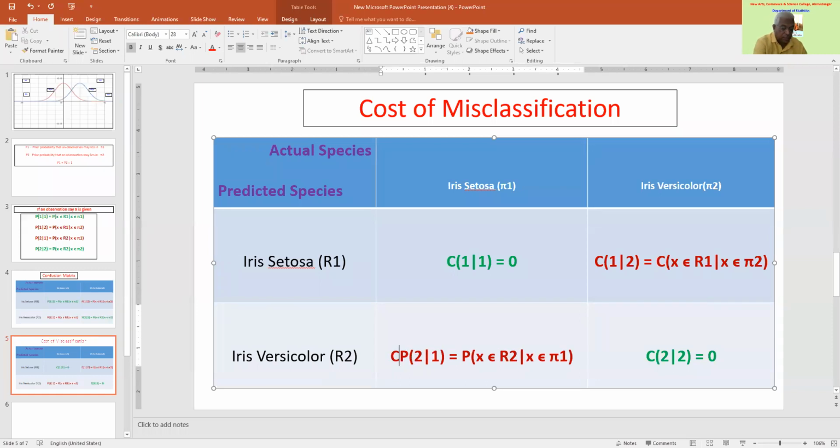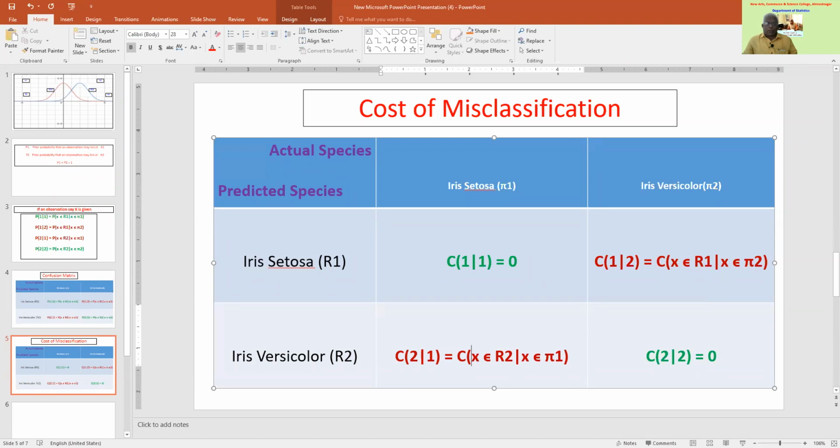What is this? This is the cost of misclassifying an observation from the first category in the second category. So this is called the cost of misclassification.